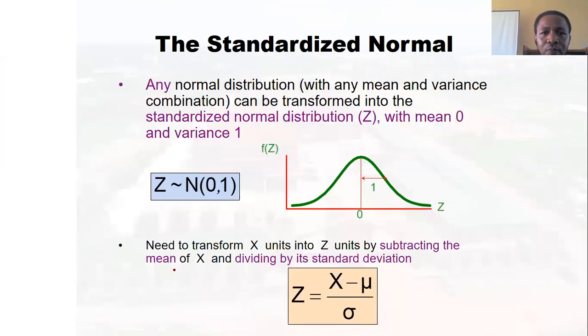Now, if you were to look for where data fall relative to a standard deviation, it's just a simple formula: X minus the mean divided by your standard deviation. Now let's take an example.